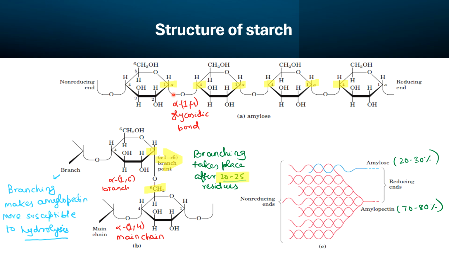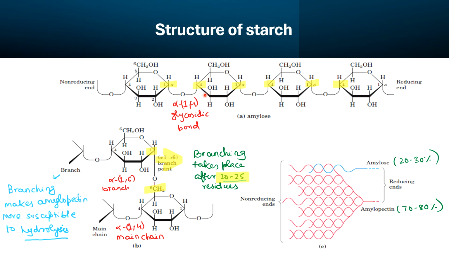C1 of the first sugar will react with the C4 of the second sugar. Again C1 will react with C4, and this pattern continues. This type of bond makes a straight chain structure which is unbranched in nature, having alpha 1,4 glycosidic linkage.